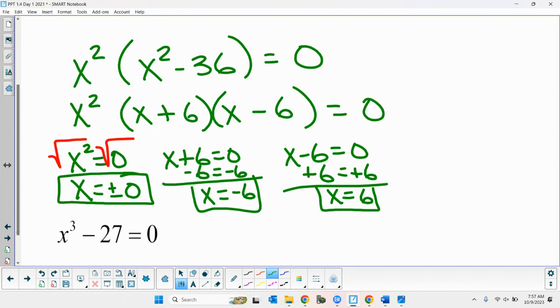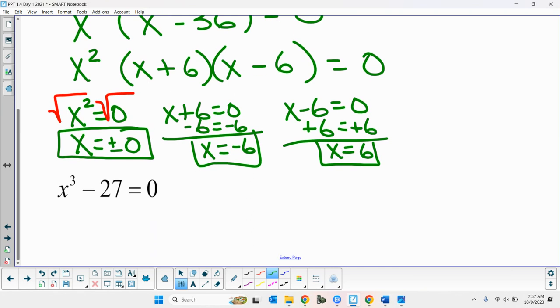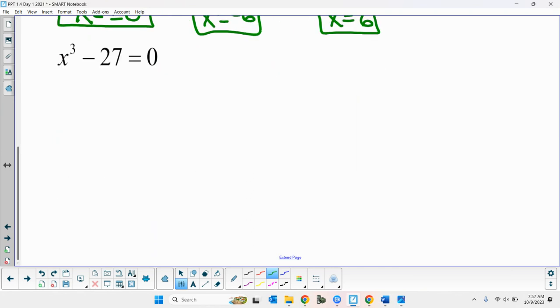So the last example for today is one of these. What do we call this type when we want to factor it? When we were doing factoring, we had a list. We wrote down all the steps for factoring, a way to think through it. Number 1 was a GCF.